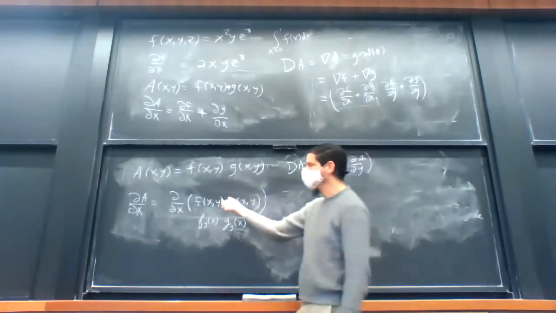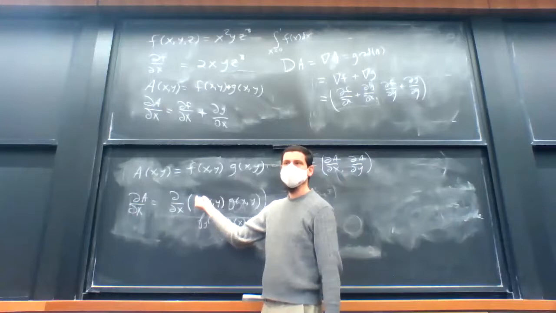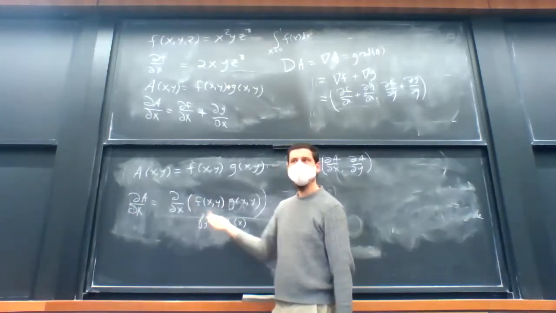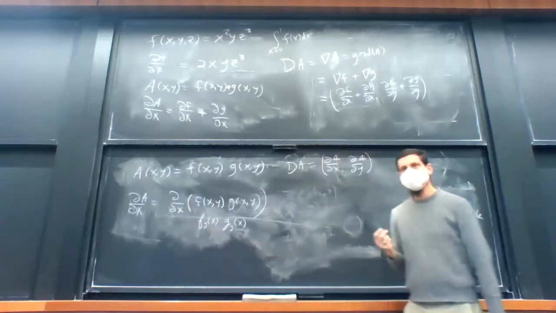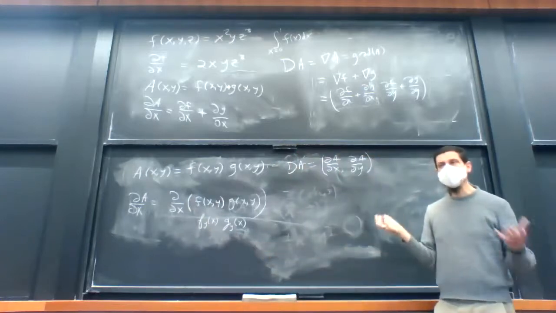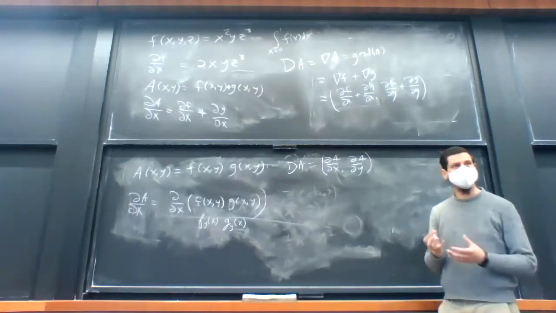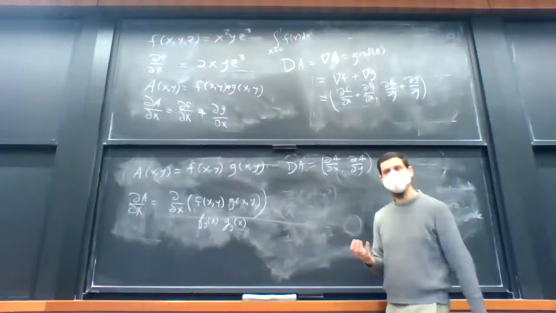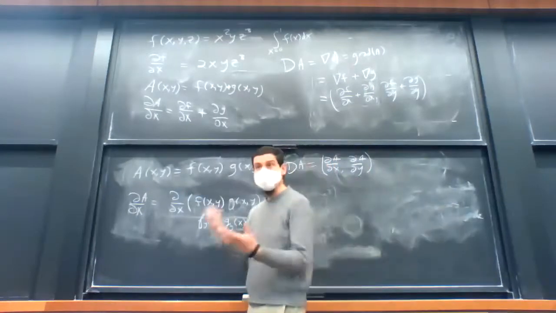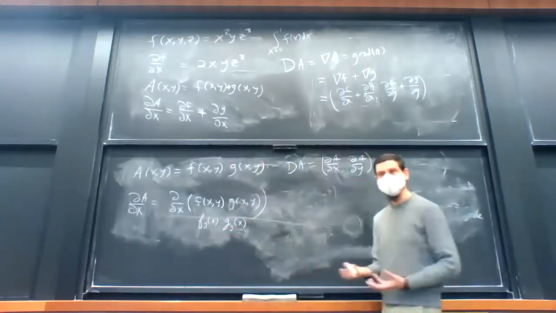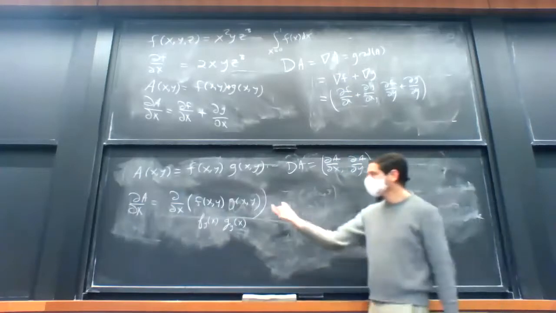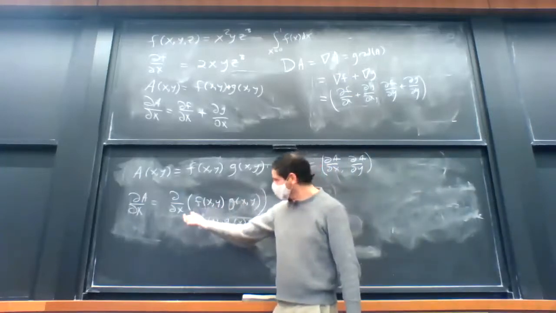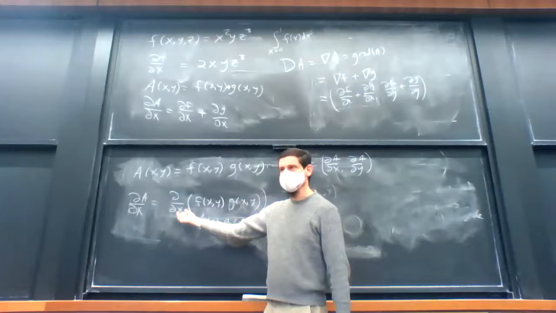So instead of an f prime, what would we have? When you have f of x, g of x, the prime means derivative with respect to x. That's the only variable in play. We're considering y fixed. We're taking the partial derivative with respect to x.